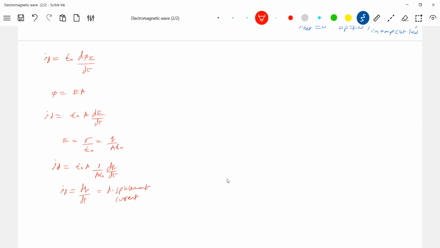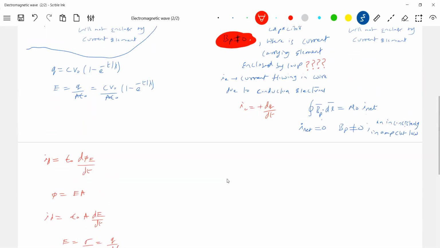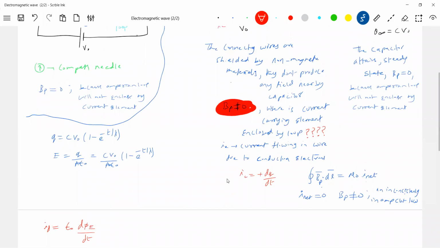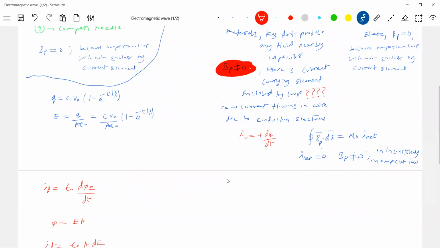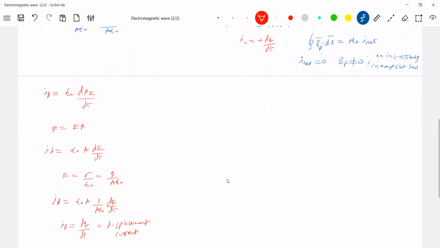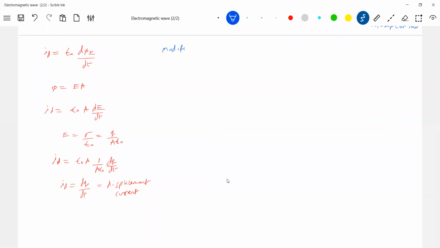This displacement current is what I'm going to introduce here in the Ampere circuit law. So now the modified Ampere circuit law will come like this: mu naught into conduction current plus displacement current.